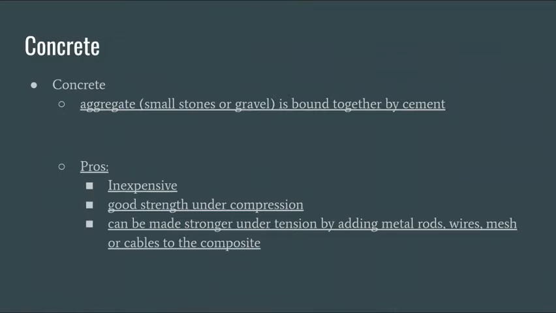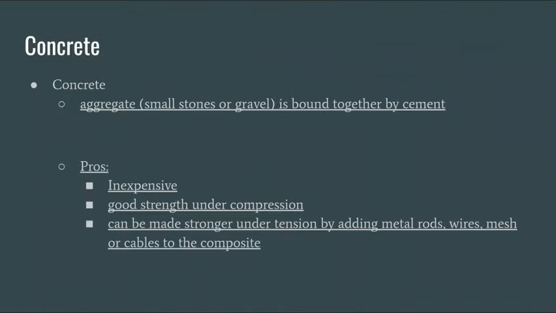And concrete is a good way to build houses because it's inexpensive and it provides good strength when you are putting compression onto the concrete. So, for example, when you put your roof on your concrete house, the house doesn't fall down. That concrete doesn't break.